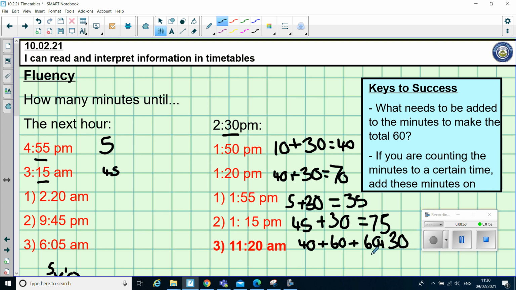So 40 add 60, add 60, add 30, which gives me 190 minutes. Okay, you might have written your answer as 3 hours, 10 minutes, that would be fine as well.